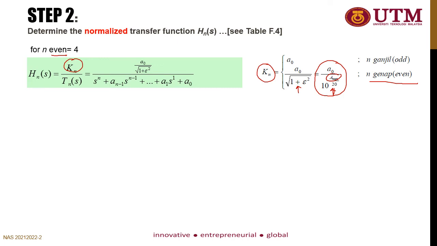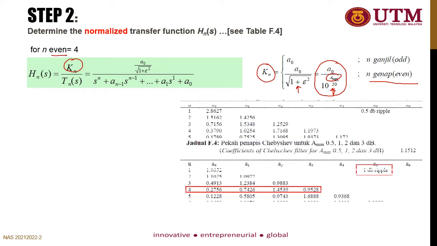It is the coefficients. Next, you need to refer to table F.4 for the coefficients. In this case, the Mx is given as 1 dB, so make sure you refer to the correct one.